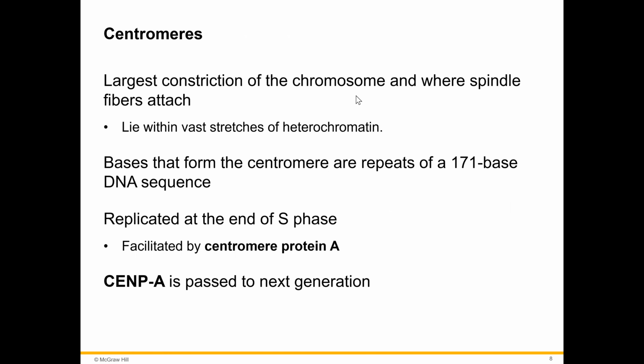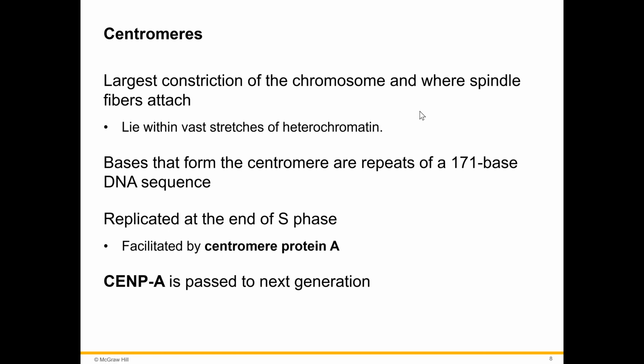Now we also have, remember, centromeres. The largest constriction of the chromosome, where spindle fibers are attached. Where the chromosome is constricted, that's called the centromere. It's interesting that the centromere doesn't necessarily need to be in the center of the chromosome. We're gonna look at it in a minute.